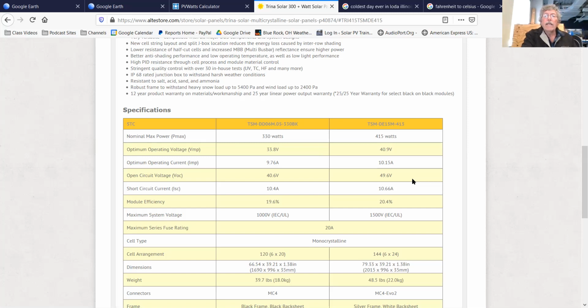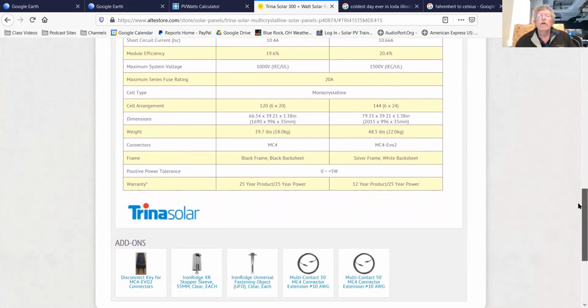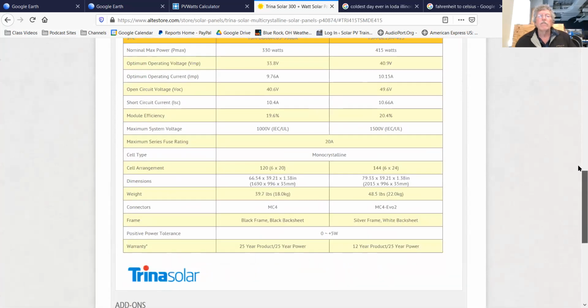And then the ISC is going to be 10.66 amps. They're 20% efficient. I don't care about that. They are 144 cells. These must be split cells, 72 split cells. That sounds about right. Okay, 25-year power.